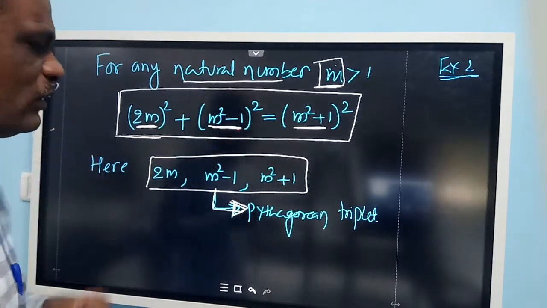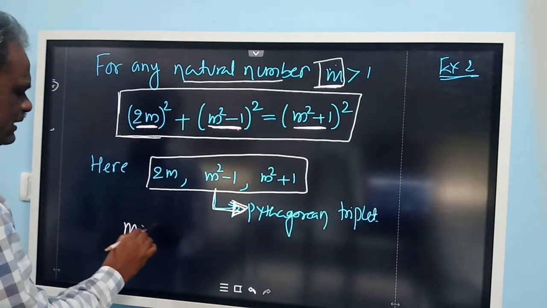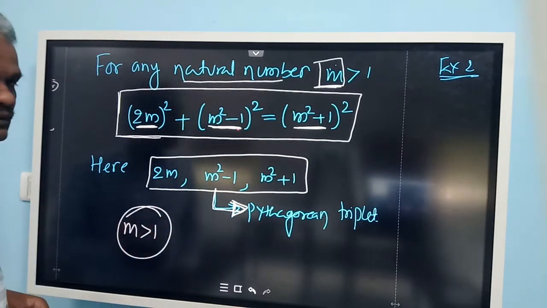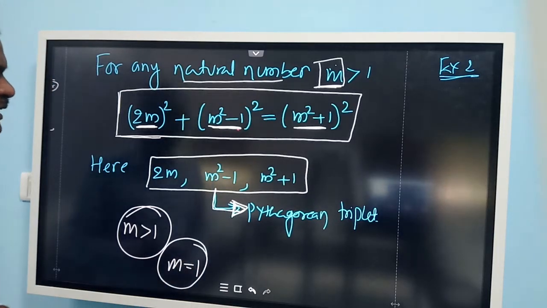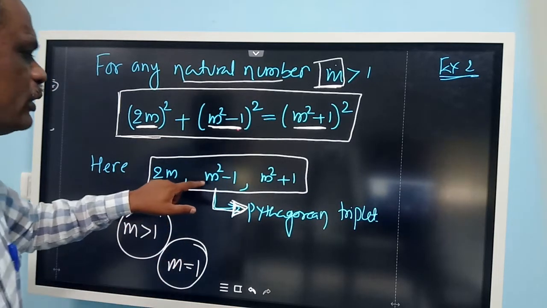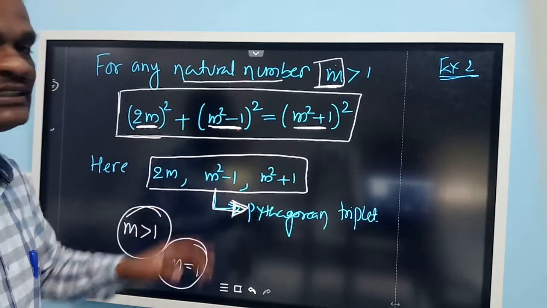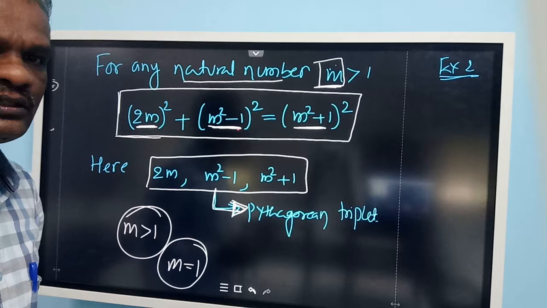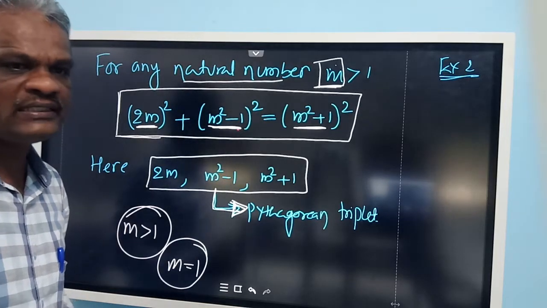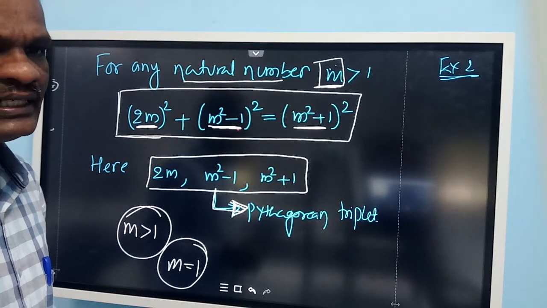This is applicable only to values of m greater than 1. If m is equal to 1, you cannot use this. Why can you not use m equal to 1? If I put 1 square minus 1, it will become 0. 0 cannot be the length of any side of a right angle triangle.